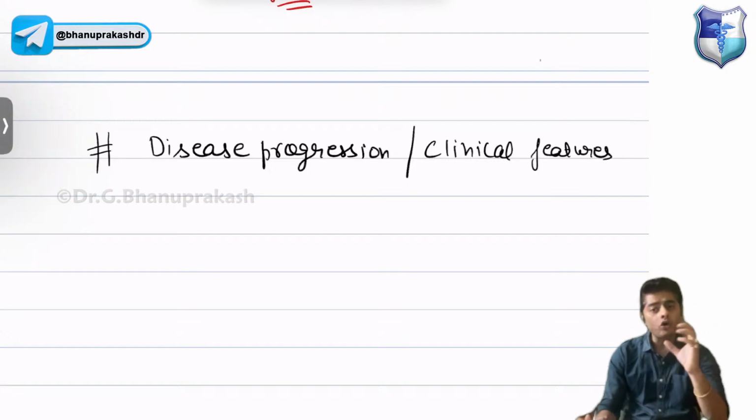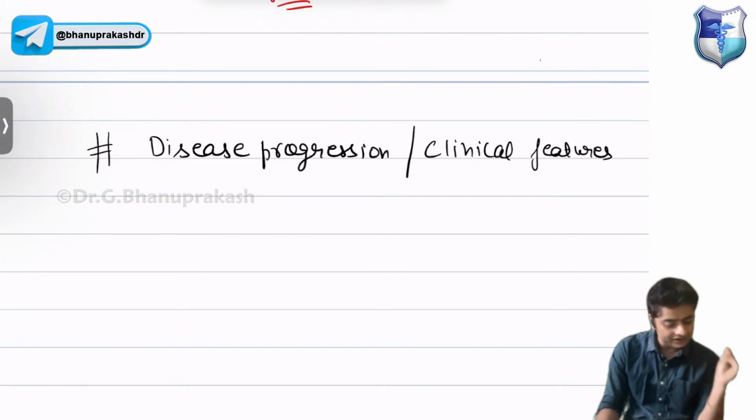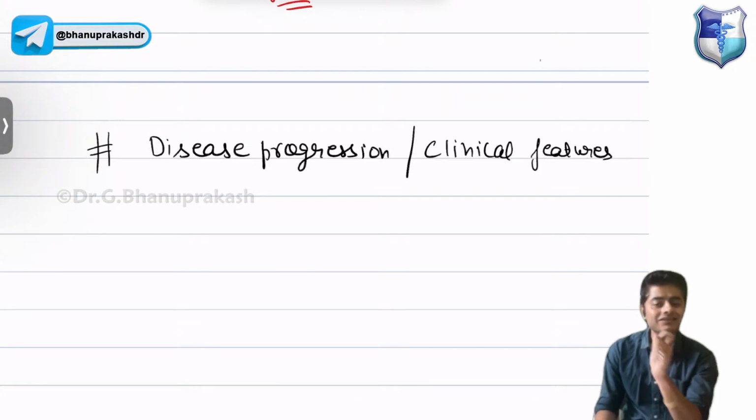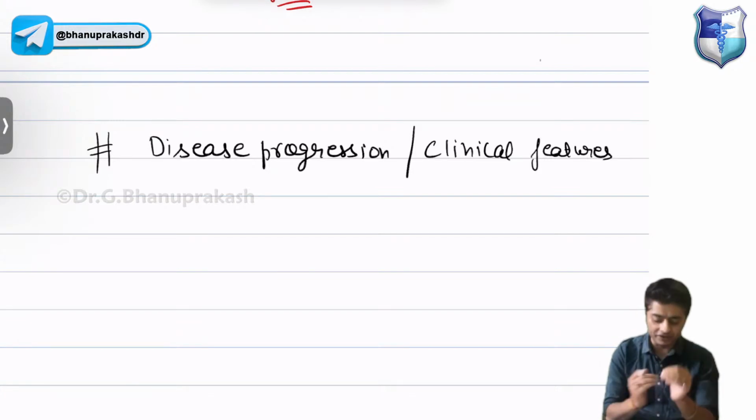So we will know about how the disease progresses, because there is a characteristic pattern of progression in Alzheimer disease.